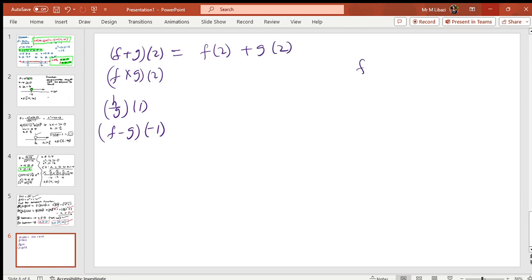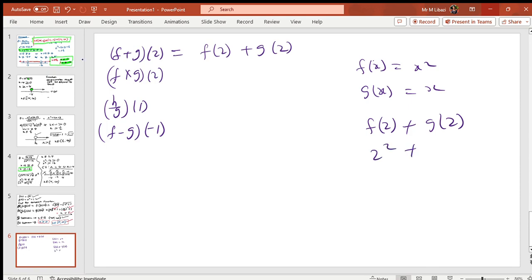If our f of x was equal to x squared and g of x was equal to x, then in f you substitute 2, you have 2 squared, plus in g you substitute 2, and 2 squared is 4, and this gives us 6. That's how you solve that.